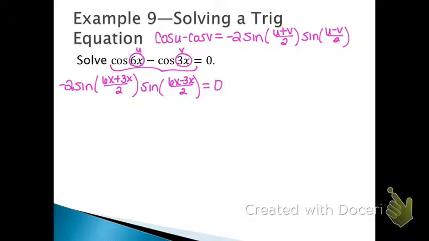What now? Yep, work inside the parentheses here. So we have negative 2 sine of 9x over 2 times sine of 3x over 2.